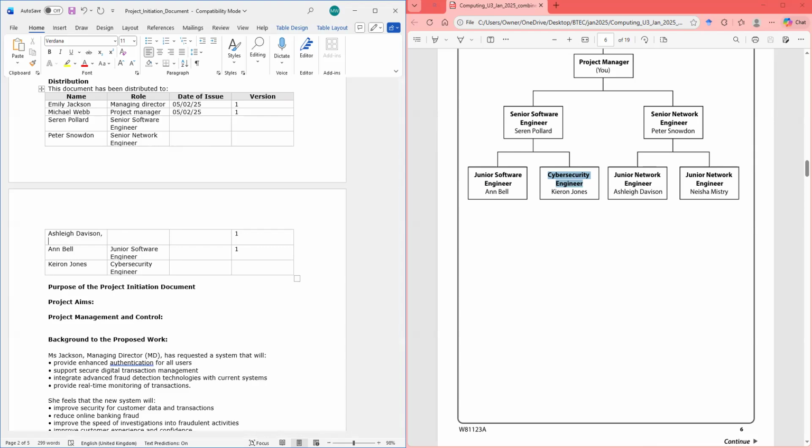Then we put Nisha Mystery. And we just put junior network engineer. Makes it easier.